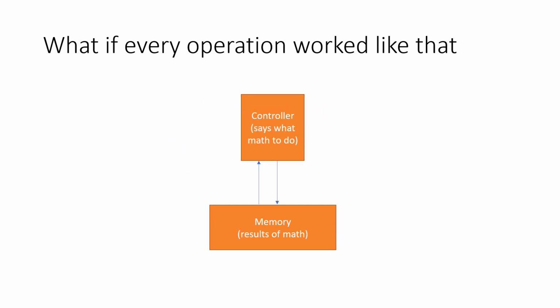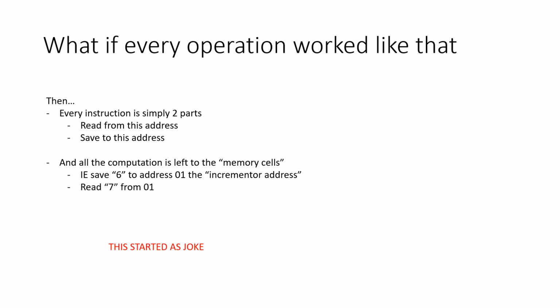And then we just have a controller that says what instructions this memory should do. Ideally, every single instruction is just read from this address, write to this address, and the address that you write to might have some processing with it. Maybe it won't, it might just be moving memory around. But ideally, as these addresses move around, computation gets done.